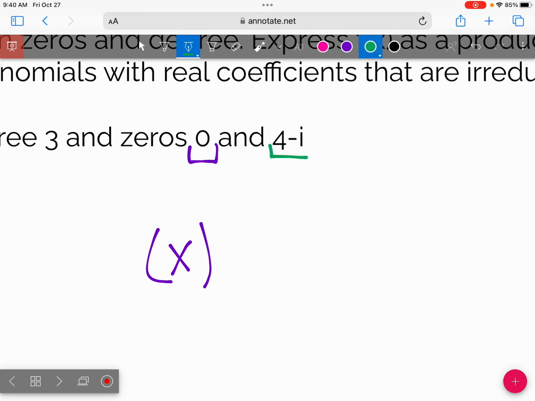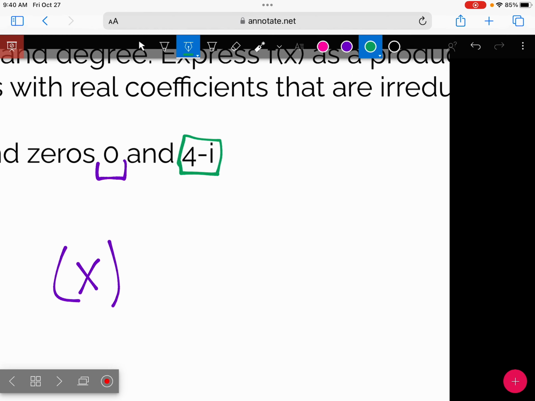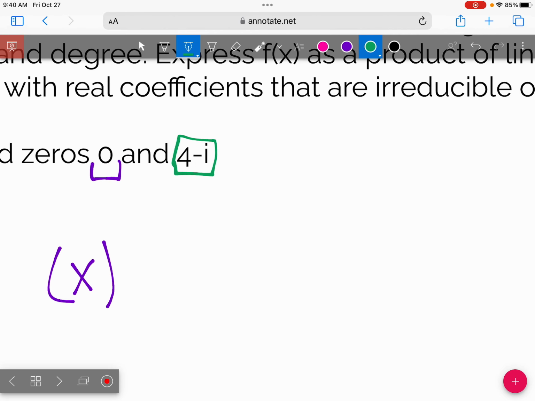The theorem we just had took our imaginary root, and its conjugate is also a root. So 4 minus i is a root. That means also 4 plus i is a root. That's what our conjugate pair theorem was saying.